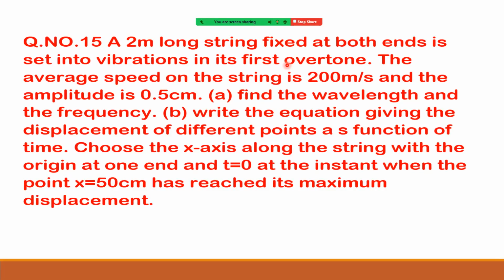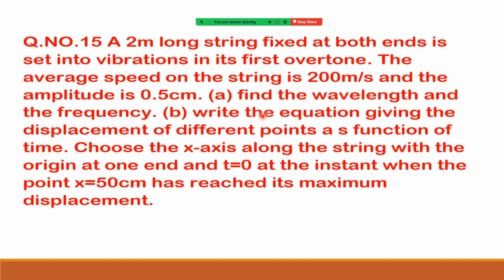Two loops means length equals 2 into lambda by 2. 2 into lambda by 2 equal to 2, so lambda value is 2. So we got the wavelength. Frequency: V equal to f into lambda. V is given, we got lambda value 2, then we can find frequency.